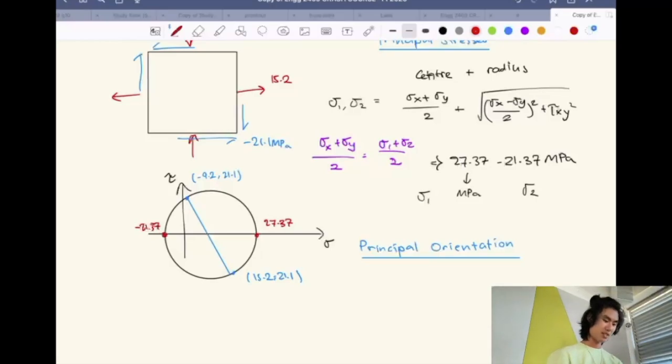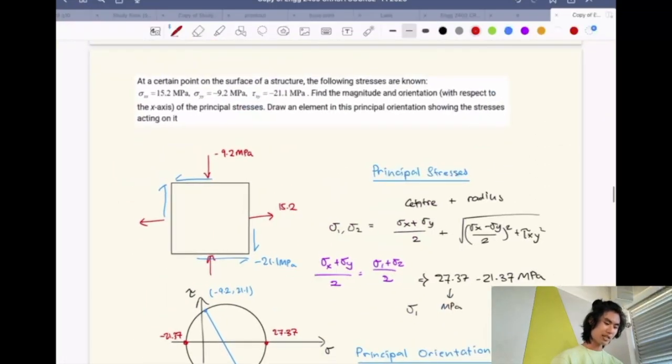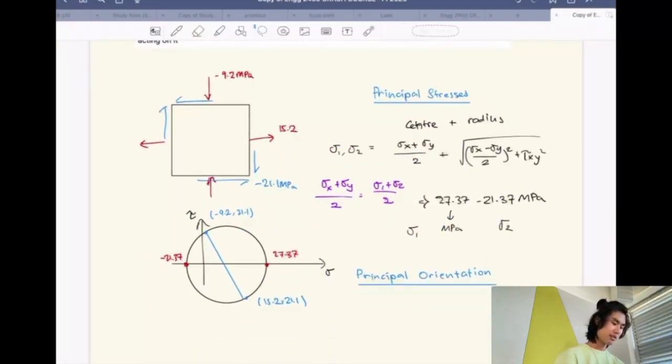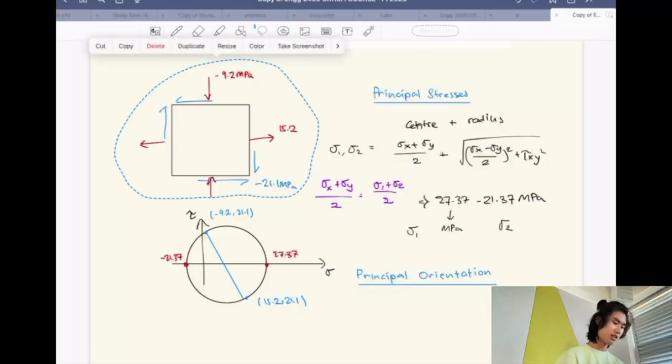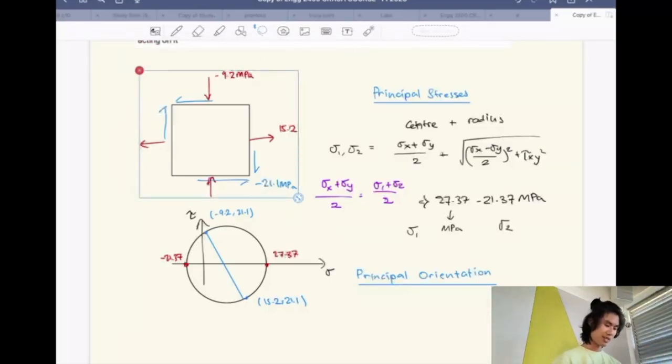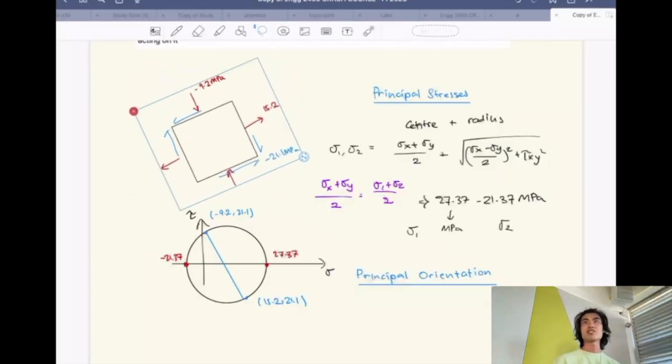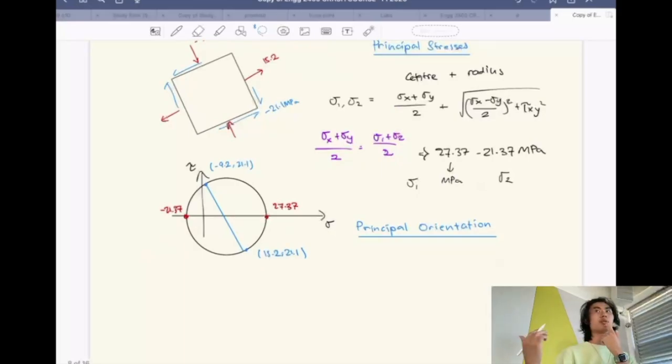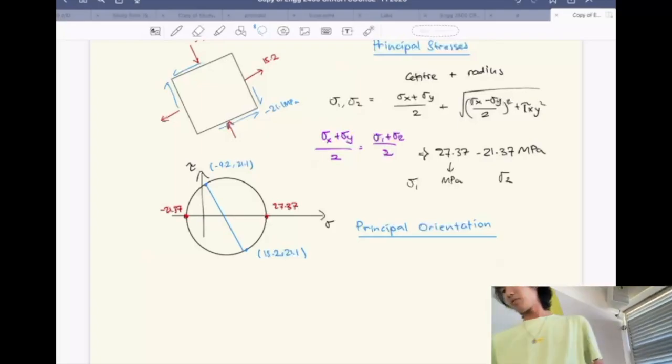So what this question is actually saying is that this whole diagram is not straight. It has actually been rotated, which is why it's experiencing shear. They just draw it in a way that looks straight so you can understand it a bit better. Now, when it asks you to find the principal values and the principal angle, it's asking you to find the angle at which you rotate it so that it is straight.